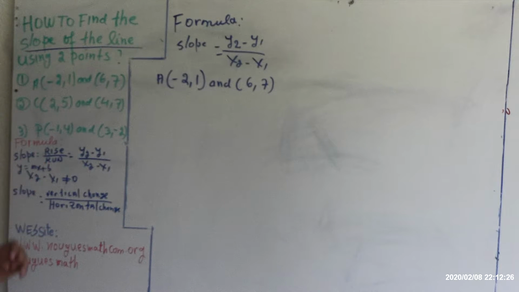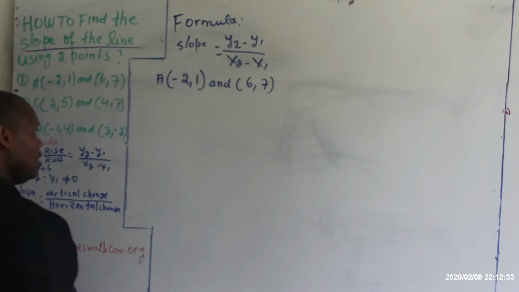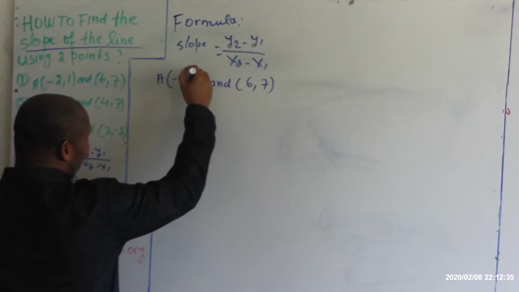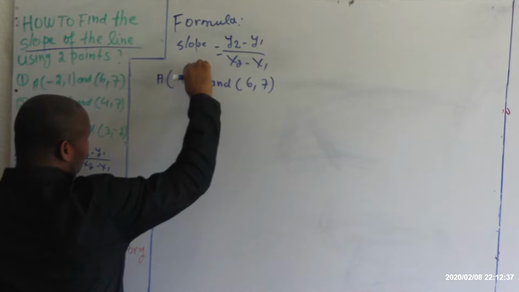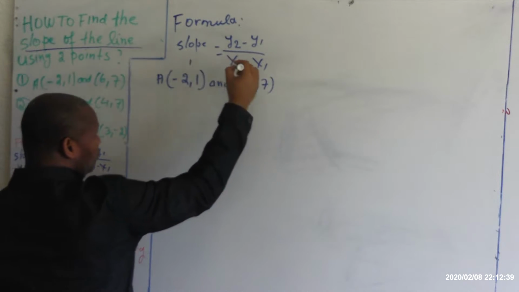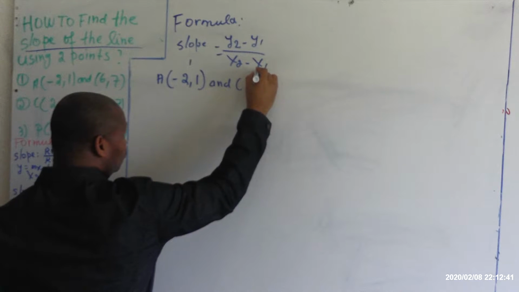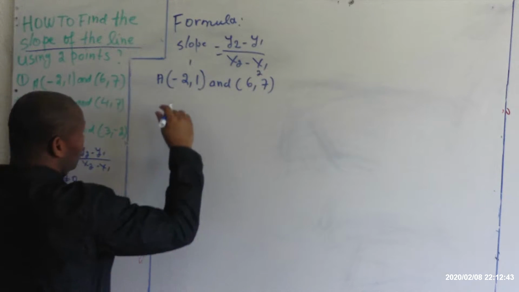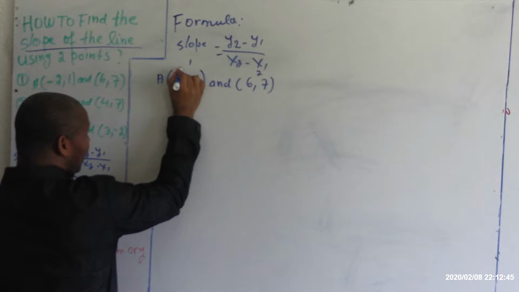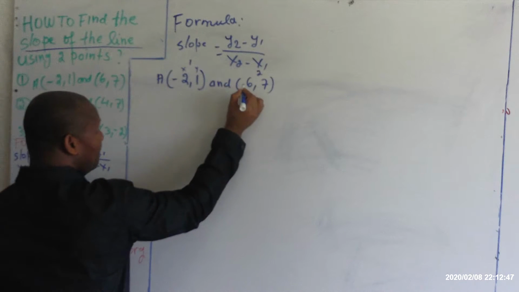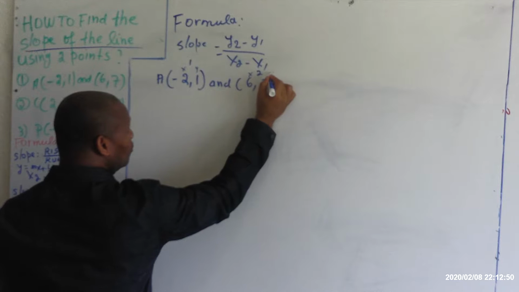So we have the slope formula right here. I'm going to teach you a technique you can use to calculate the slope easily. Let me call the first point 1 and the second point 2. So you can call it x1, y1, and x2, y2.